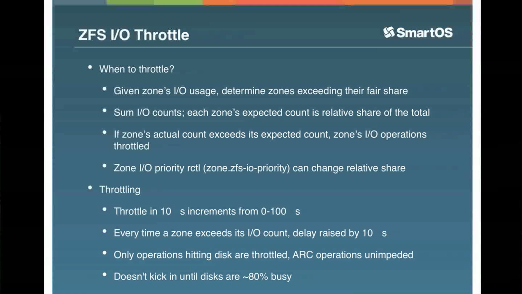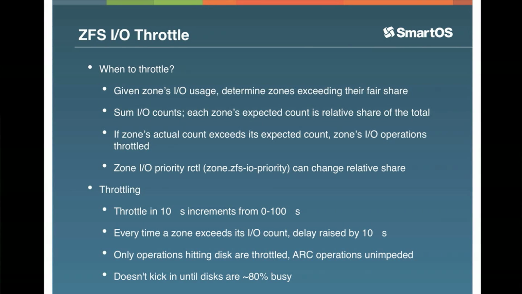And one of the things that we did was add a resource control so that on each zone we can prioritize and say, this zone is a more important one, a customer is paying more money or bought a bigger zone, so we can bump up their priority through this resource control. So that calculation goes through to determine, okay, this zone is using more than its fair share based on that input that I just described, so it needs to be throttled back.